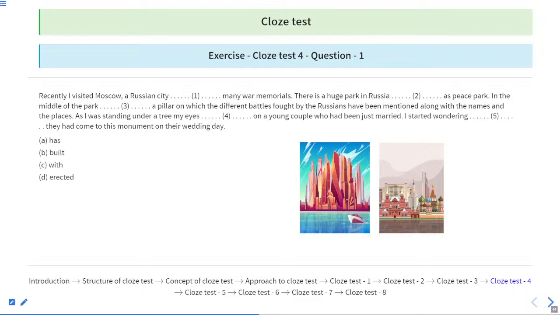As I was standing under a tree, my eyes dashed on a young couple who had just been married. I started wondering, dash, they had come to this monument on their wedding day. So, in place of one, what fits better? Is it has, built, with, or erected?